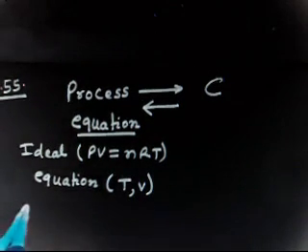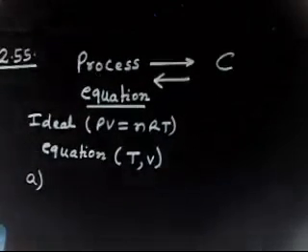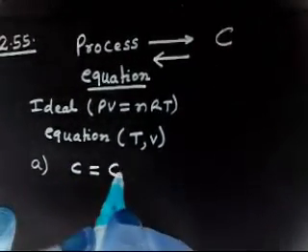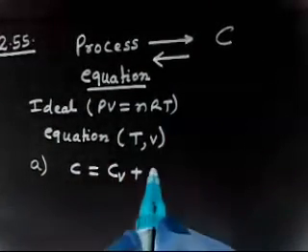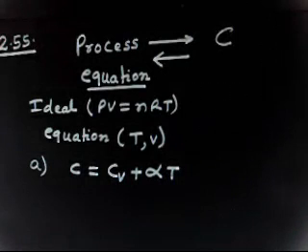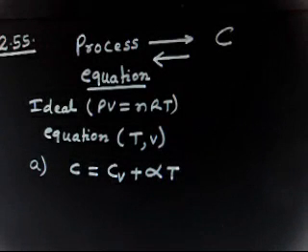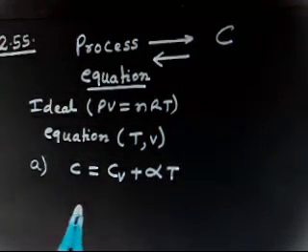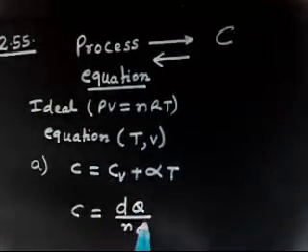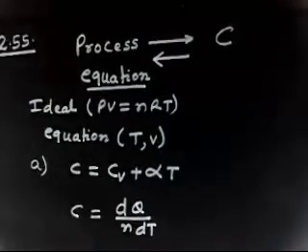So first part of the question, C is given as Cv plus alpha T, and then we have to find the equation of process. So what we will do is, again, C is written as dQ by dT. Did you remember or not?